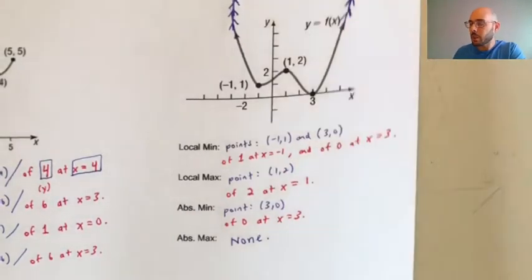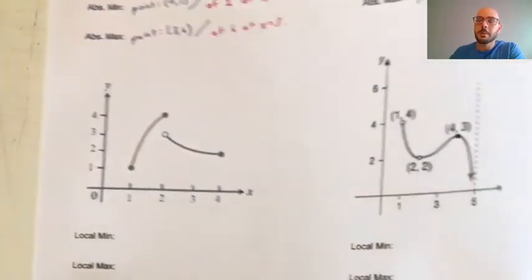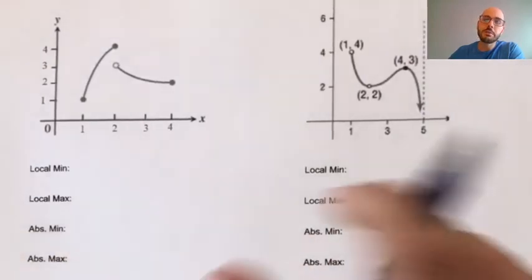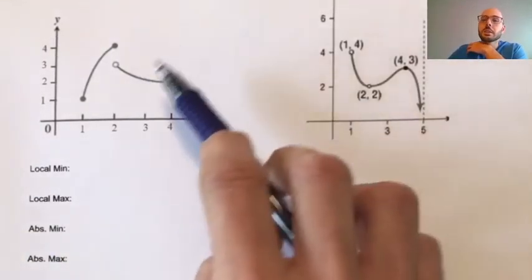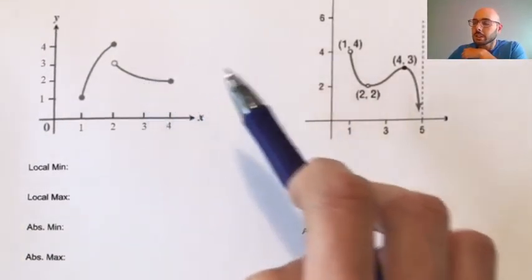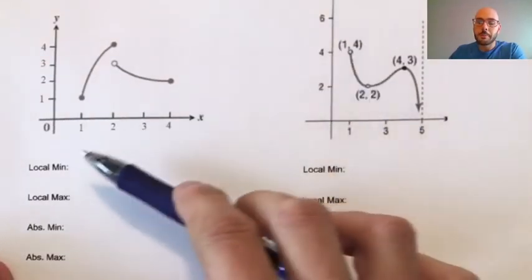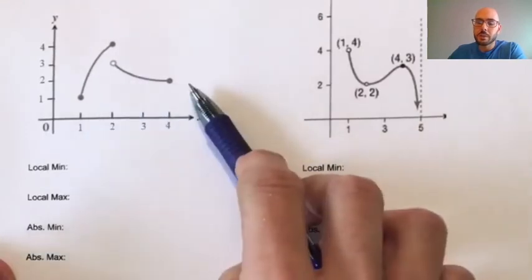Okay, great. So two more examples coming up. Again, introducing some sort of weird features. So we're looking at this one here on the left first. And we're going to start with local extrema. So looking at the graph first and foremost, we see a weird feature.